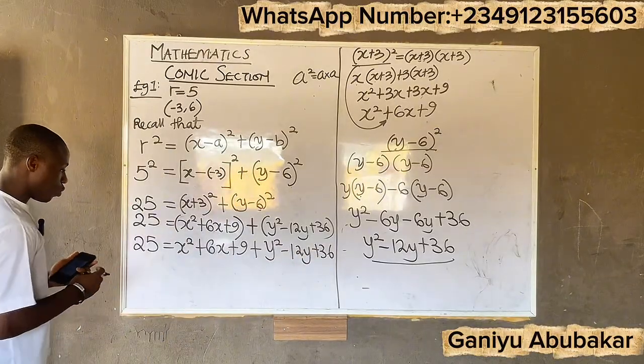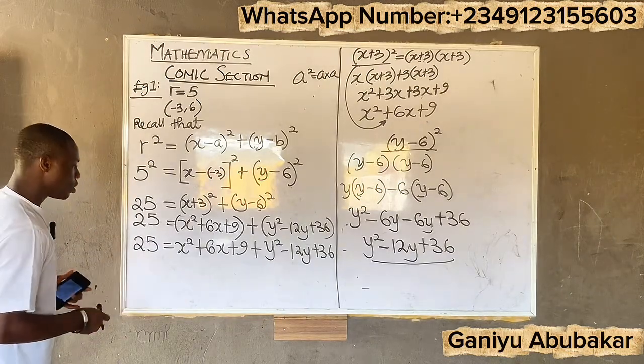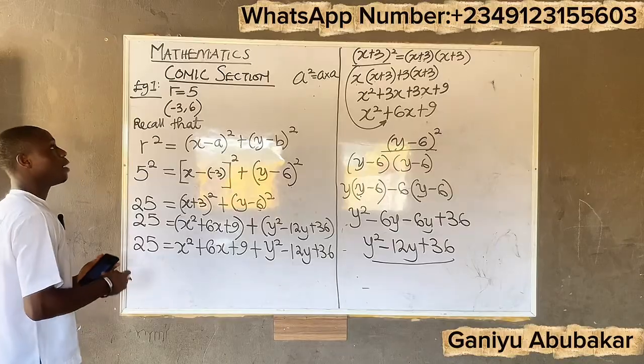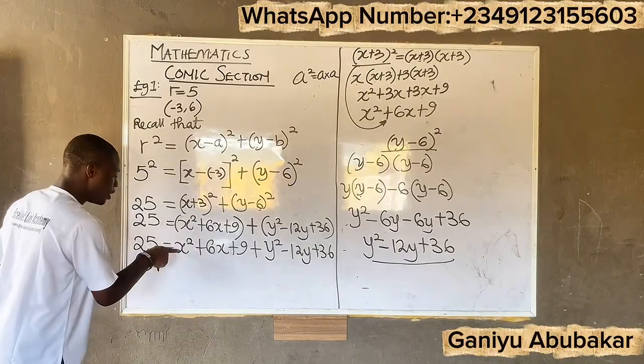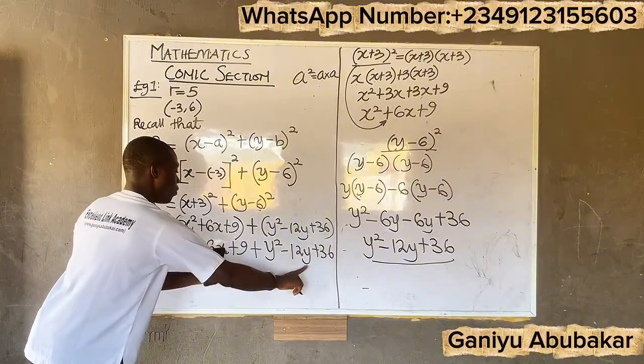Now my task here is to collect like terms. Basically, there are not many like terms here. It's just that I'll collect them as per their exponent. This x squared, this y squared. So the squares should come out, and x and y should come out.